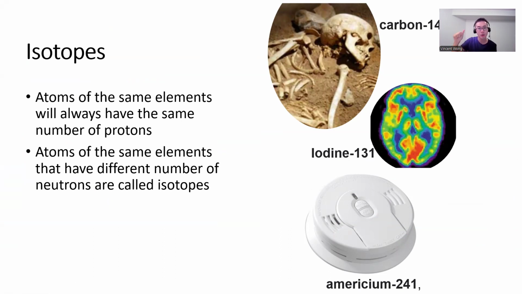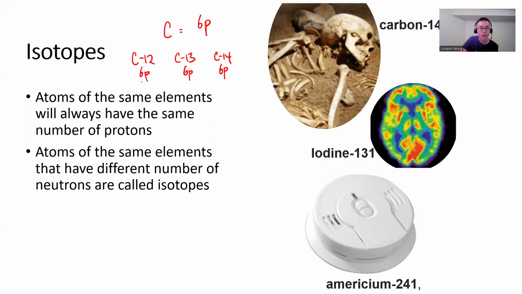Protons of the same element are always going to be the same. If you take a look at carbon, carbon is always going to have 6 protons. But there are different kinds of carbon. There are carbon-12, carbon-13, and even carbon-14. They all have 6 protons, okay?